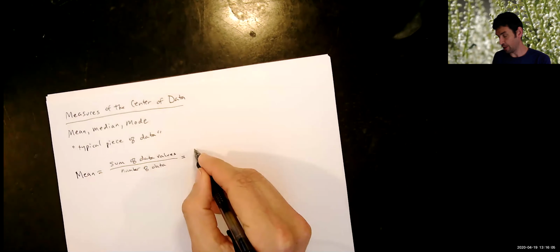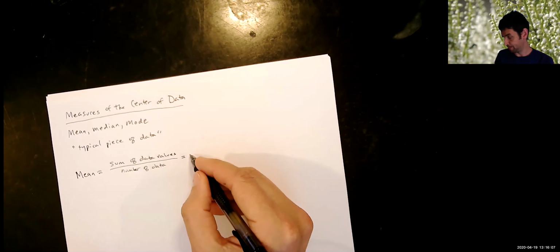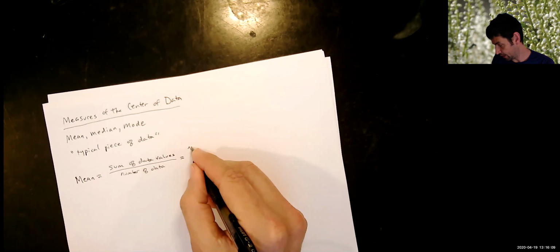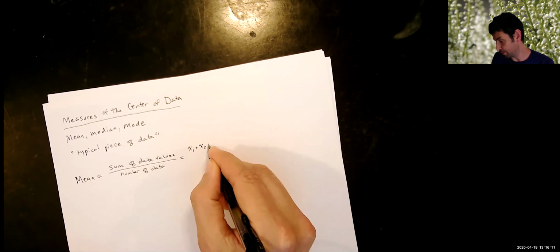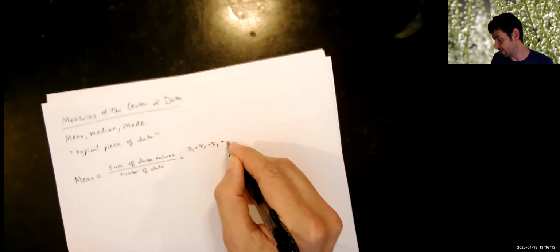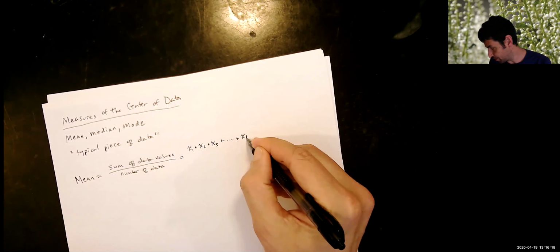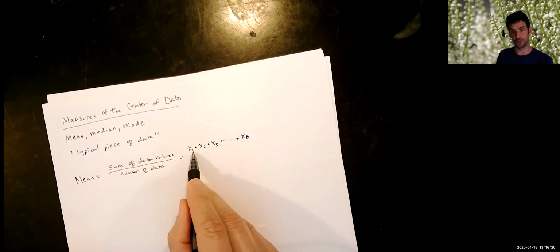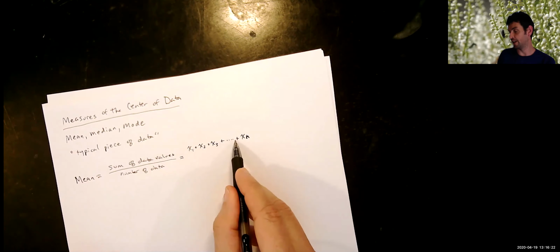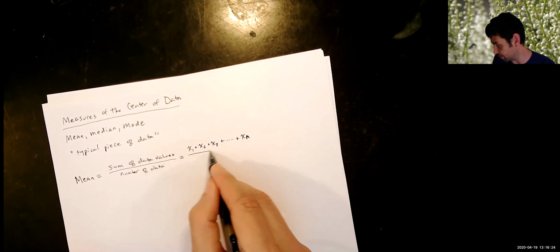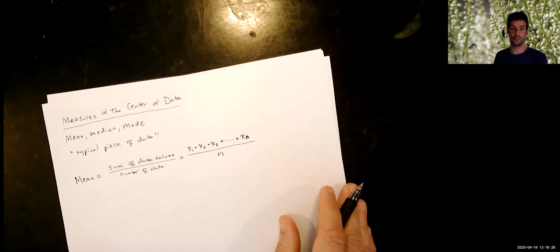Sometimes we might write x1 plus x2 plus and so on, where each of these x's represents a data value up to xn. That's the first data value, the second data value, the third, and on and on up to the nth if we're dealing with n data values.